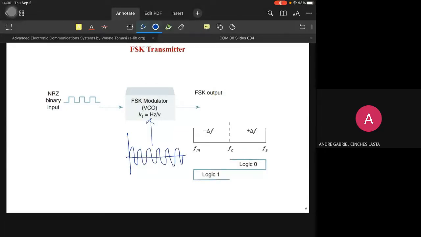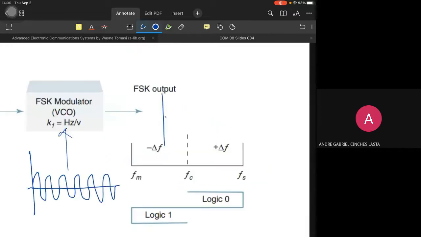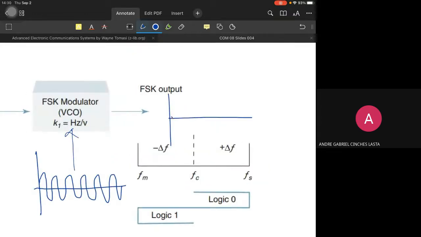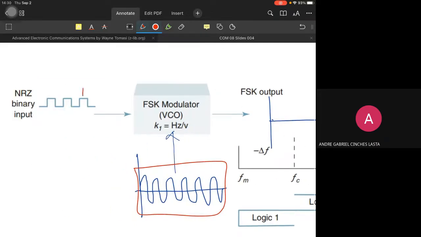This oscillation is controlled by whatever voltage is at the input. That's why it's a voltage-controlled oscillator.